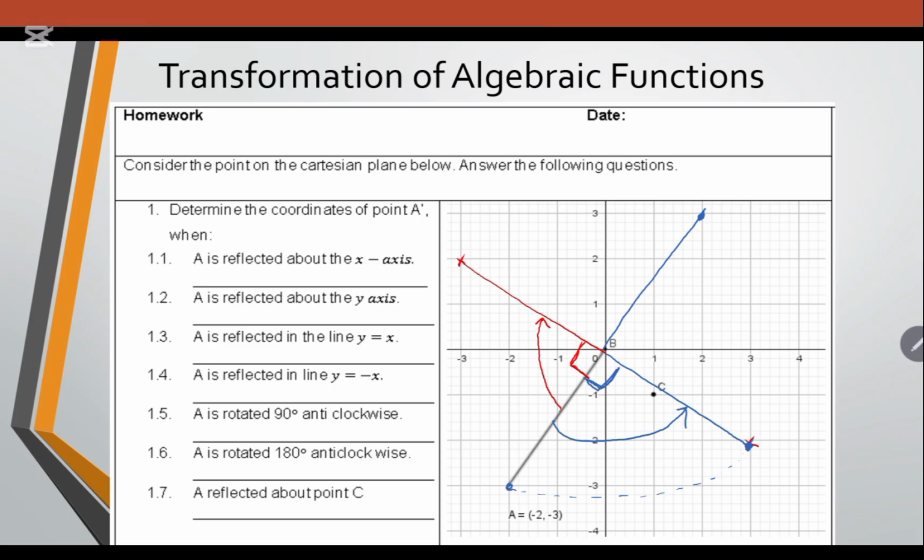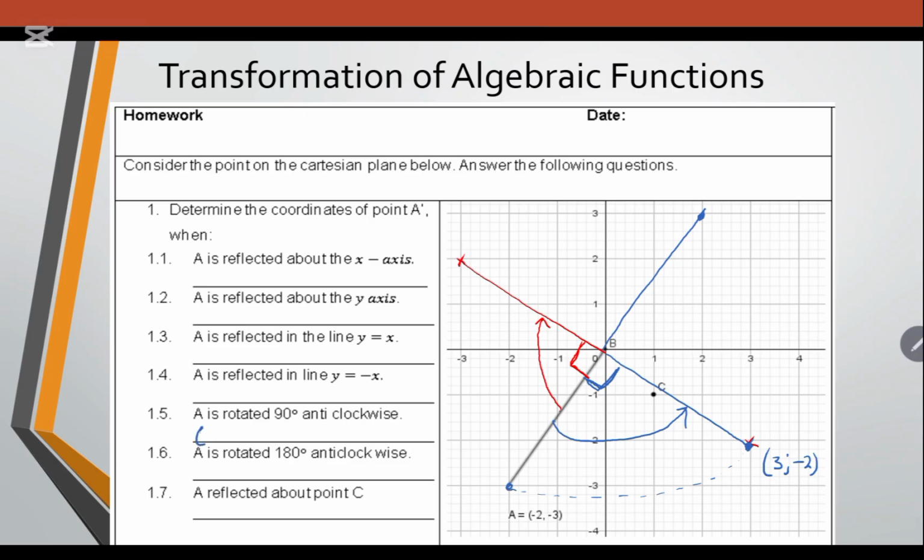Therefore, if the coordinate of A were -2 and -3, now the coordinates are 3 and -2. Now, what actually happened is that the coordinates swapped around, but only the value of x changed the sign.